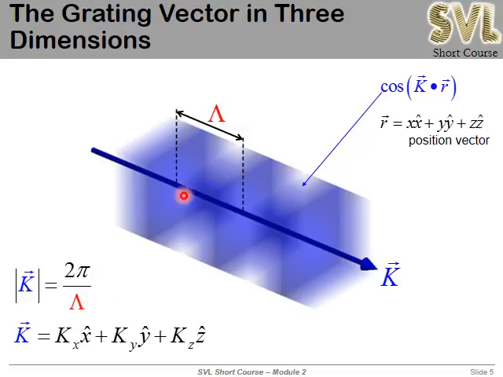And this still lets us calculate, even in 3 dimensions, this grating using cosine of K dot r, where r is still the position vector. So we can use the grating vector in 1, 2, 3 dimensions, probably more dimensions, but I don't even know what that would mean. I live in a 3-dimensional world, so my vectors are 3-dimensional.